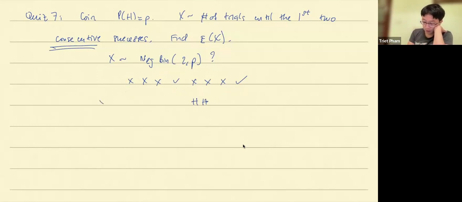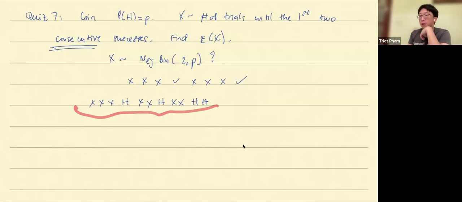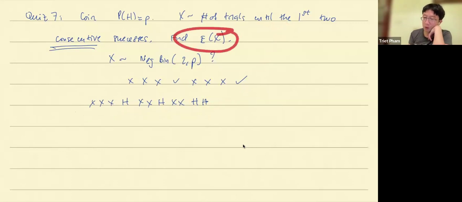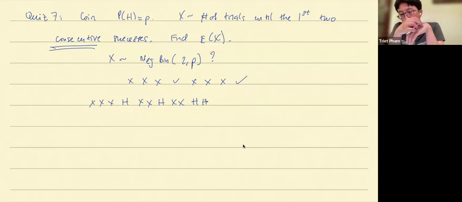In other words, previously you could have a head and then you can have a head again, but you never have 2 heads together before that time. And the number of trials to get there is the question. Okay, and we're looking for the expectation of the number of trials to get to that.